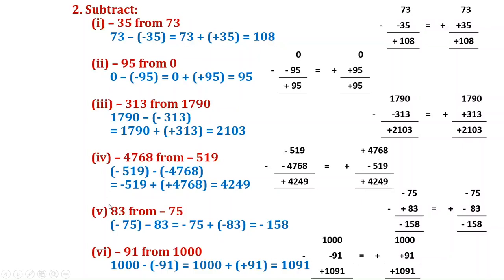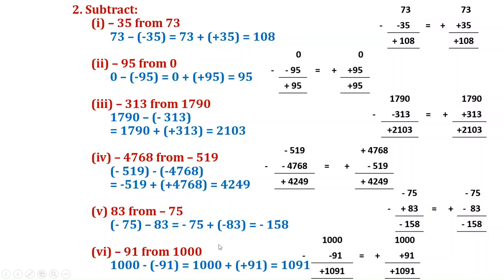Now go to the fifth problem: 83 from minus 75. So from minus 75 you have to subtract 83. So write the minus 75 here first. Minus 83, which is plus 83 only. So now write the first number as it is, which is minus 75, and convert the minus as plus here, and convert the plus 83 as minus 83.